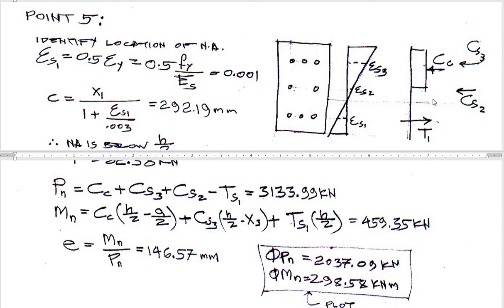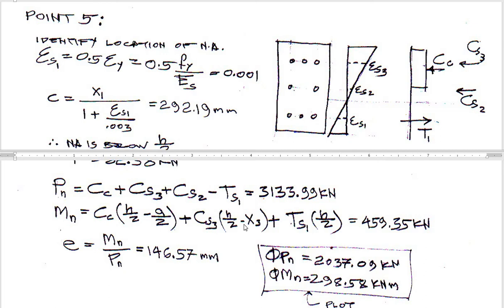But take note na all these 3 forces is causing a counterclockwise direction. Kaya lahat sila plus. Positive ito. Okay, so lever arm of compression concrete is H over 2 minus A over 2. Ang lever arm ni CS3 is always H over 2 minus X3.